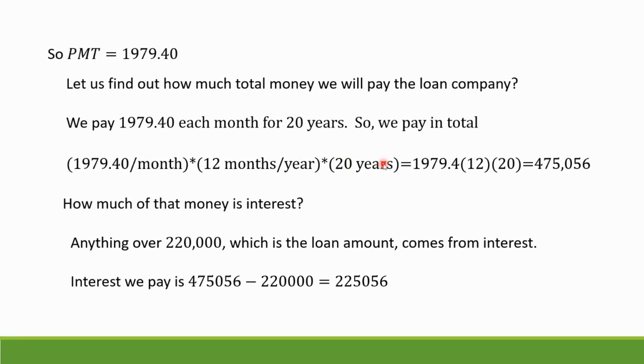Since we have 20 years here, we want to also multiply by 12 months per year. That'll convert the units, and then we multiply by 20 years, and we end up getting this product, and so we get this amount.